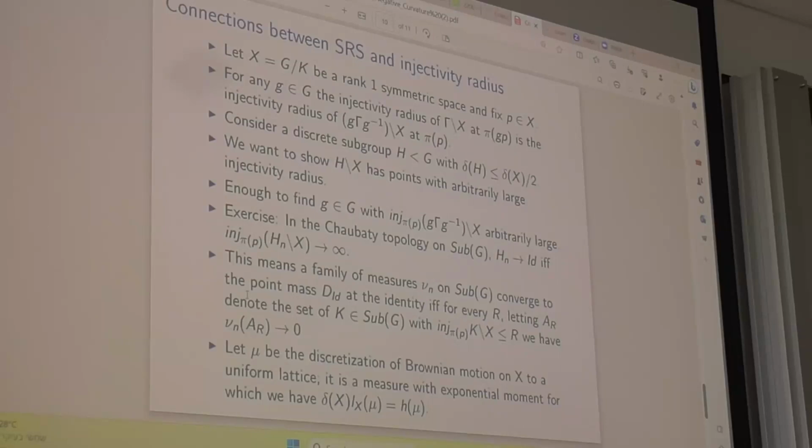By how multiplication works, or because of symmetry, if g is any element in the group, the injectivity radius of x mod gamma at the foot point of gP is the injectivity radius of x mod the conjugate of gamma at the point P.